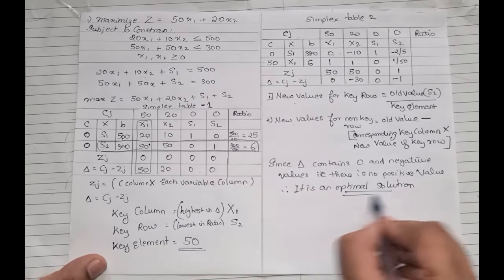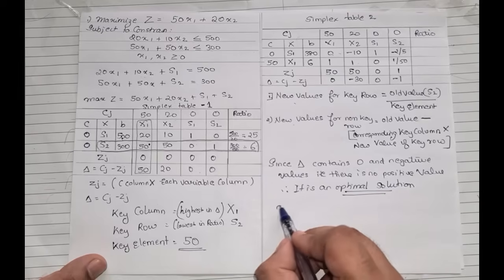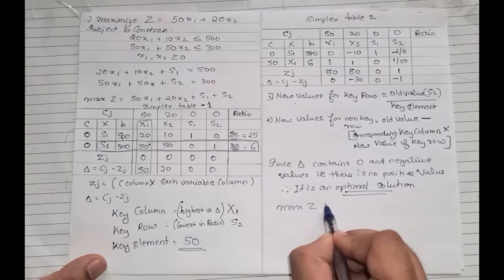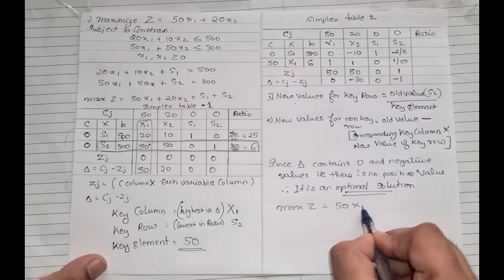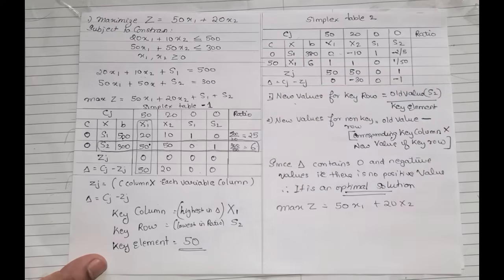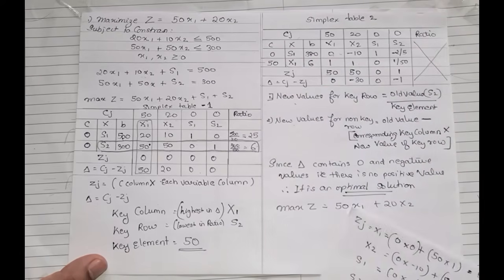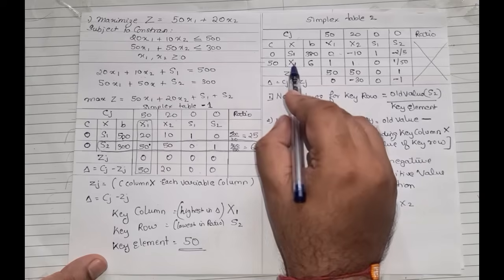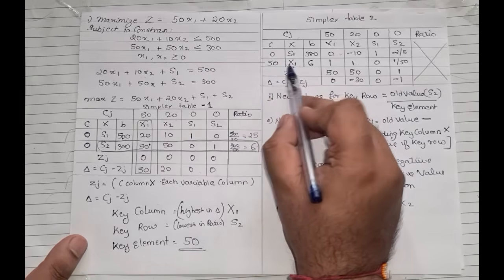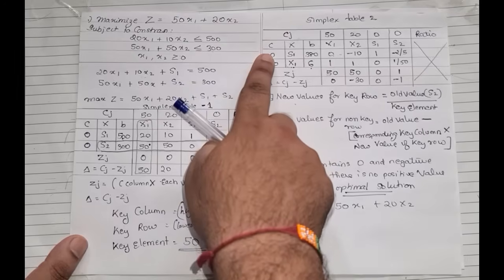Since it is an optimal solution, my final answer will be: they wanted max z is 50x1 plus 20x2. Here only x1. In this case we didn't have any ratio part; the sum gets over there. So we take the x1 value, which was 6. S1 is not there because this is 0, so 0 I can't take.